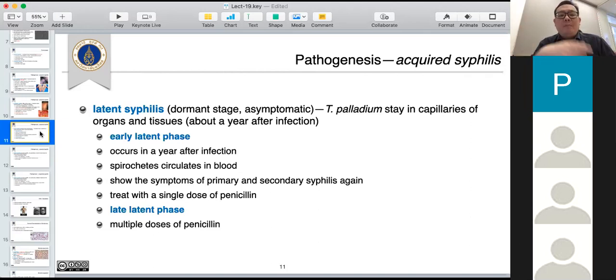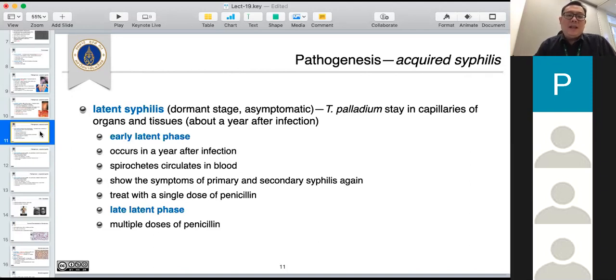Some patients who have no symptoms for a long time, when they get latent syphilis, the bacteria come back and might cause primary and secondary syphilis again, looping back to the symptoms and lesions. That again, you just treat it very easily with a dose of penicillin. It's perfect. Okay.